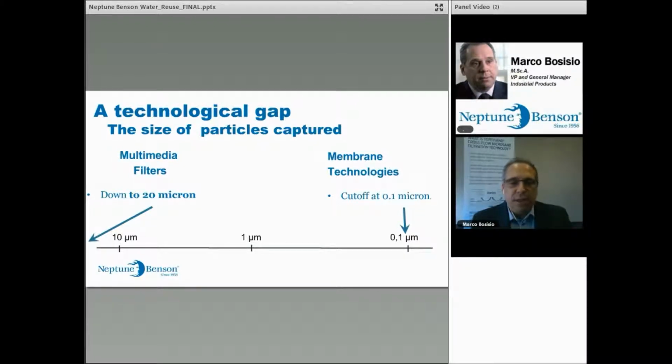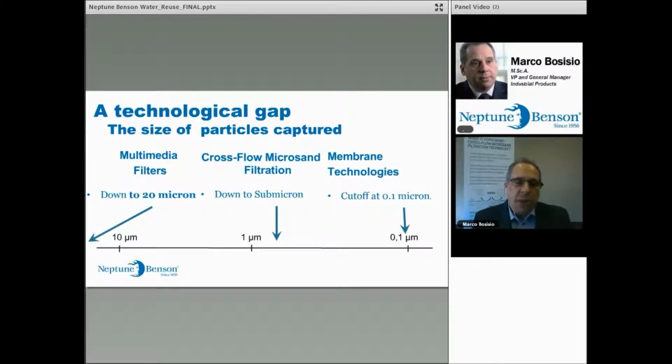But there's also, of course, the membrane at the other end of the scale that starts at 0.1 micron. And of course, then it becomes a membrane protecting, for example, a UF protecting an RO, and there's a high cost to that. And there's definitely a gap between the 20 and the 0.1 micron. And this is exactly where the cross-flow microsand comes in, being able to filter down to sub-micron.